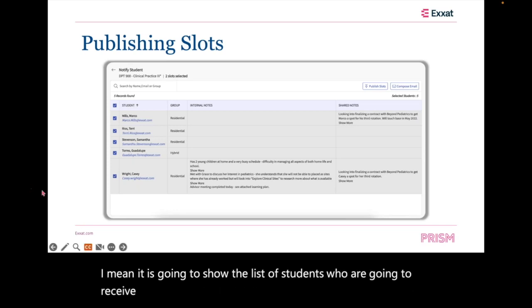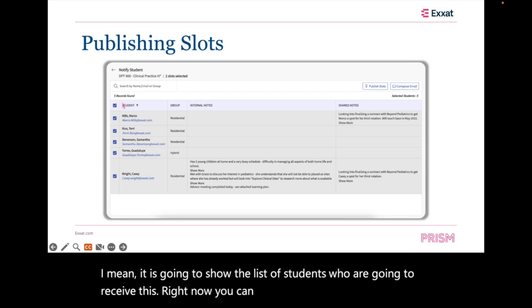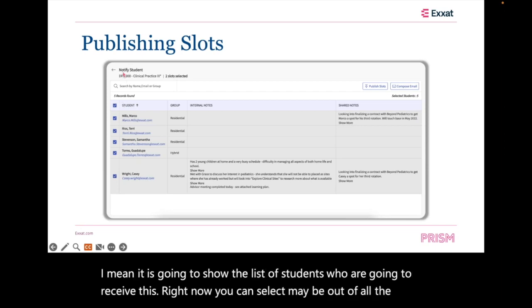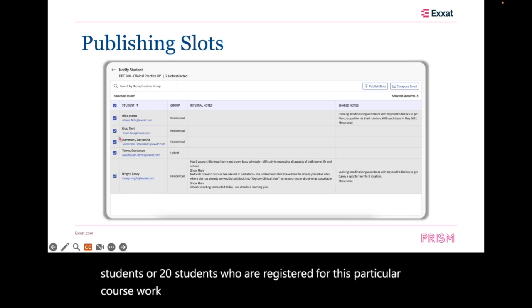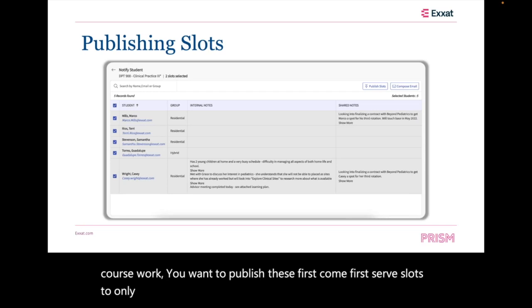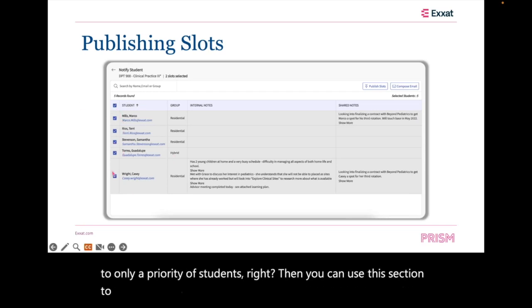Out of all the 10 or 20 students registered for this particular coursework, you may want to publish these first come first serve slots to only a priority of students. Then you can use this section to remove certain students from this list.